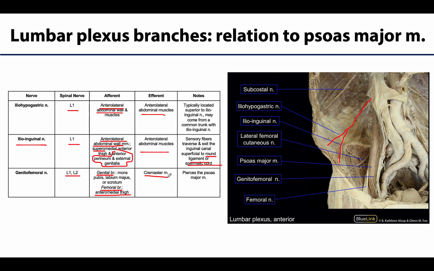We haven't actually talked much about the cremaster muscle yet, but it's located as a very thin layer of muscle in the inguinal canal and continues surrounding the spermatic cord or round ligament of the uterus, even past the superficial inguinal ring. It functions to pull the round ligament or spermatic cord towards the superficial inguinal ring when it contracts, with its most noticeable function of pulling the testis towards the ring as well. So that's often what you will see.